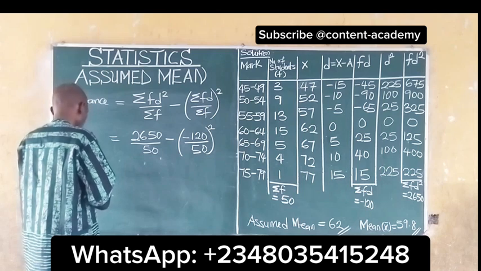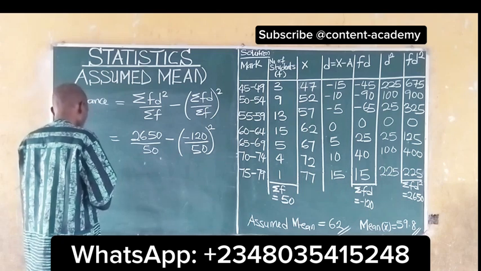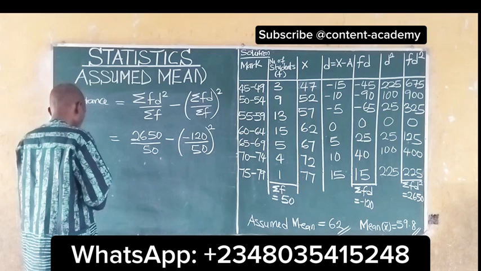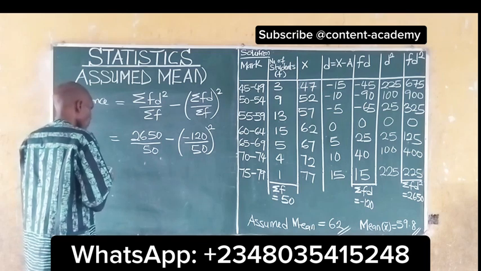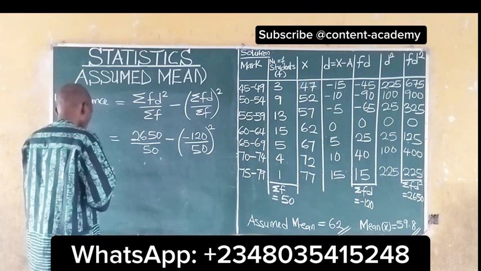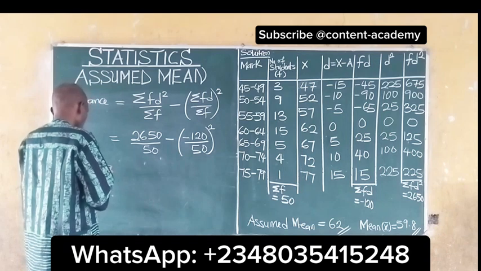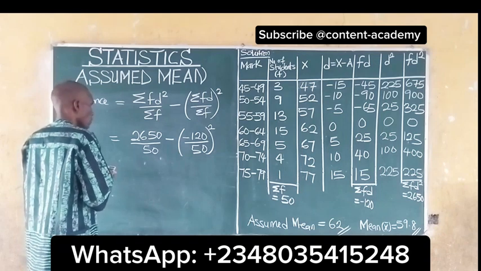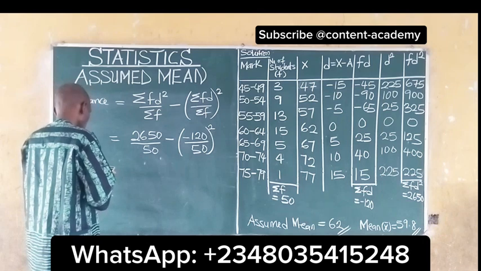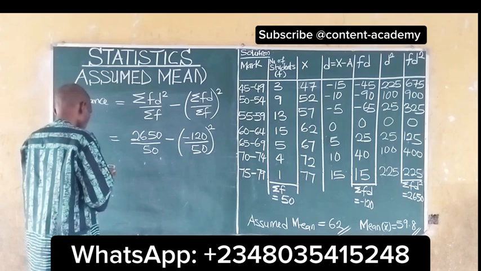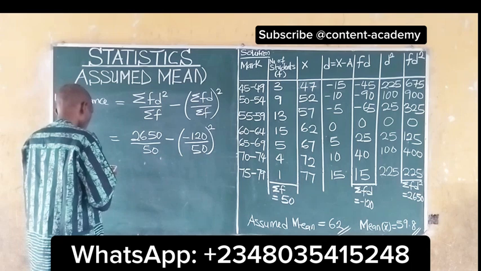So 2650 divided by 50 minus negative 120 divided by 50, squared.